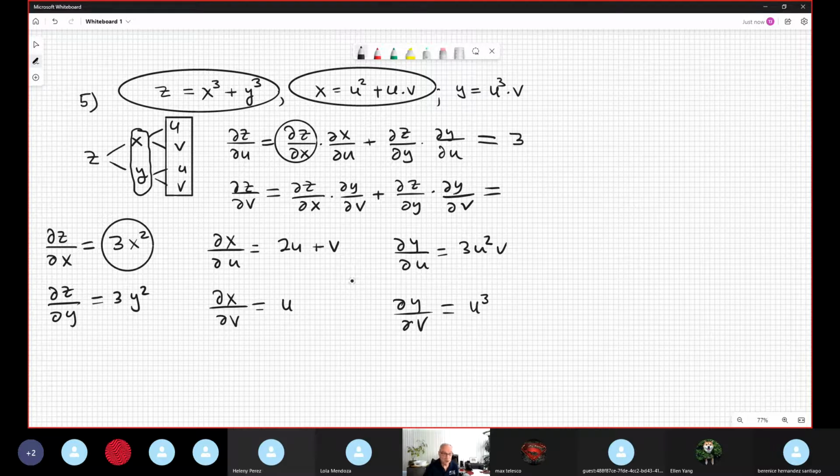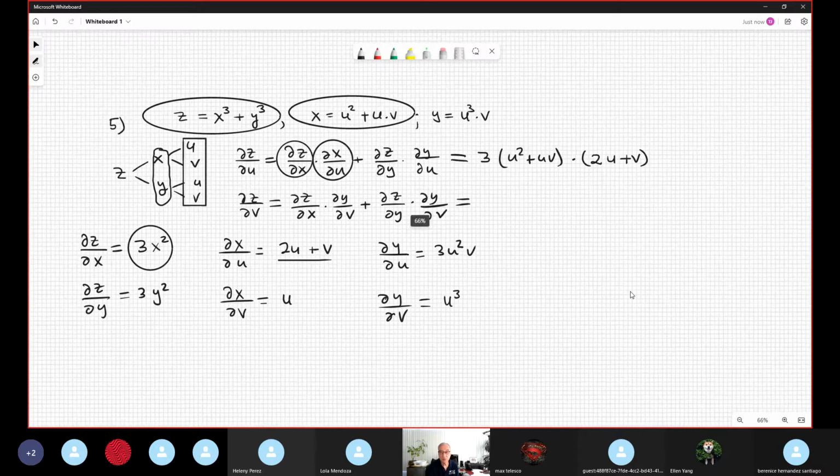So it's no x squared anymore, it is u squared plus ub. Times partial derivative x with respect to u, that one: 2u plus b.